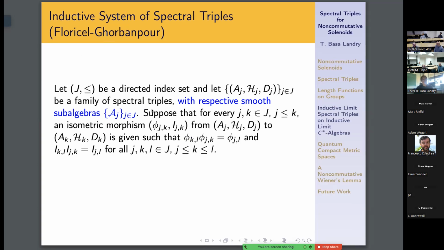Sorry, but these are subalgebras of what? These are subalgebras for each of the unital C-star algebras in the spectral triple. So we have a script family of spectral triples. Sorry. Yes, of course. Thank you so much. Yes, I didn't see the script.